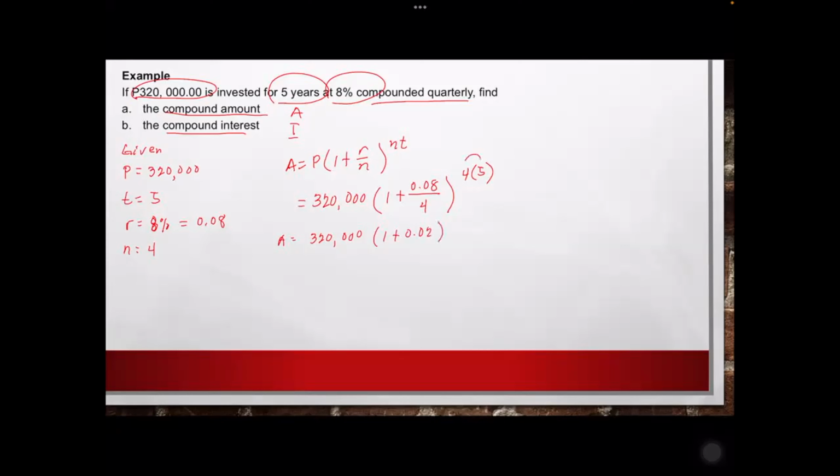Then this will be 4 times 5 is 20. Okay, so that's why meron tayong 20. So your letter A is equal to 320,000, then, add lang natin itong dalawa na to. This is 1.02 raised to 20. So, your A is equal to, ano po?